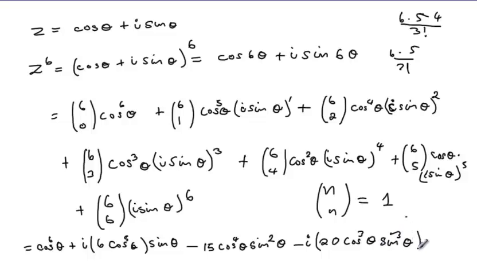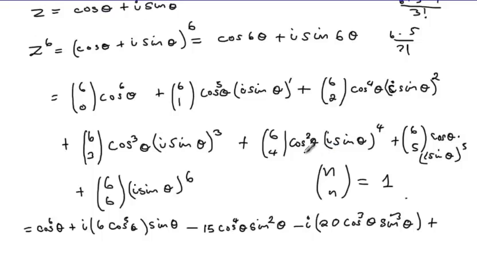This is sine of theta. Plus, where are we now? Are we here? Next door. Now we're coming here. This is the one I'm talking about. Let's temporarily do it here. It's going to be 6, 5, 4, and 3 all over 4 factorial.